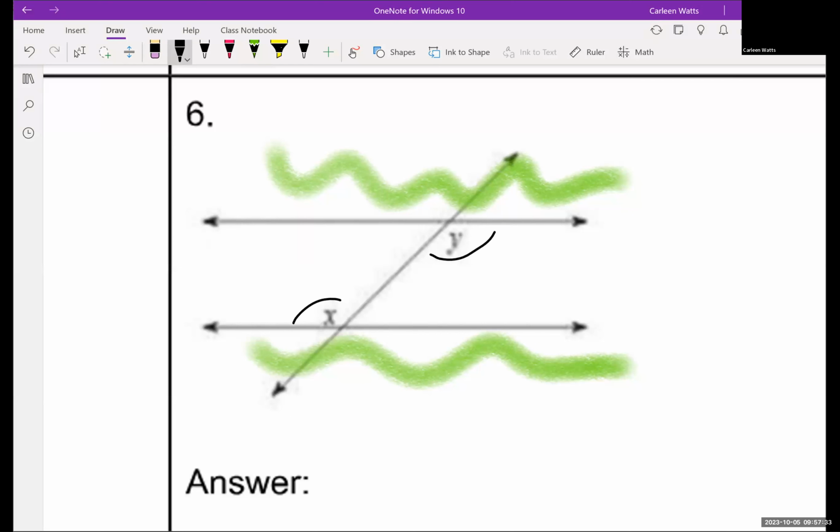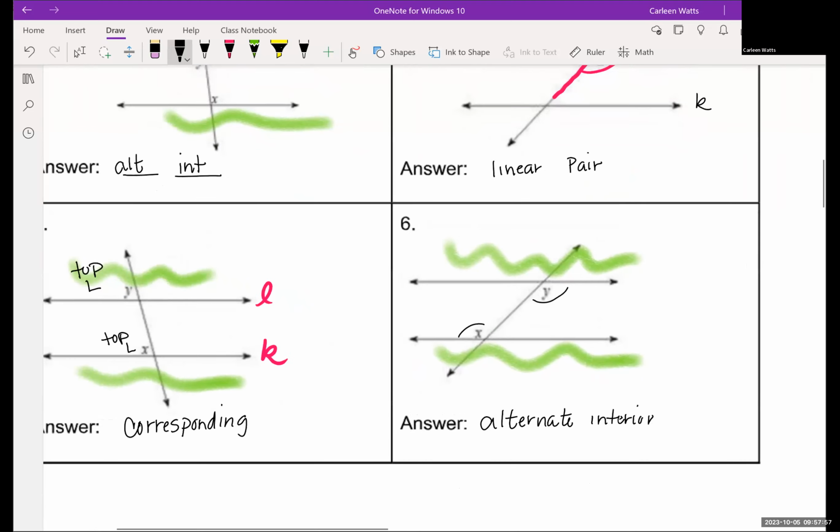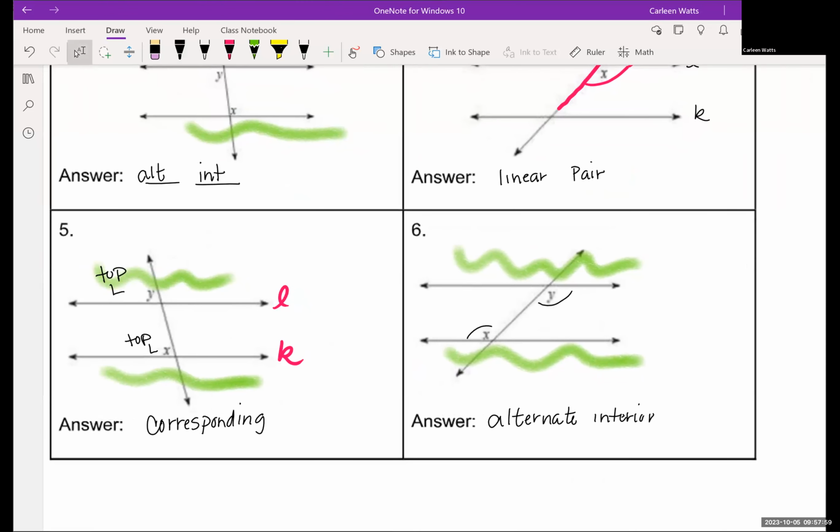Correct. Ooh, not linear pair. These are alternate interior. One's on the left, one's on the right, and they are both on the interior.